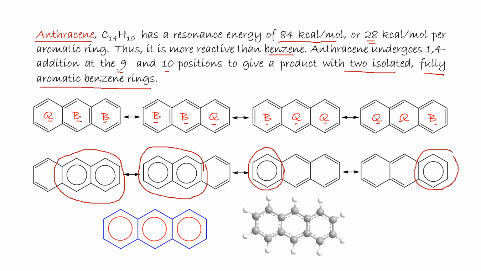So according to drawing resonance structures, yes, we can expect that it is less stable than benzene, but still we draw it on this structure in the text, and you can see clearly when you draw it with the programs nowadays, they show you a complete resonance delocalization of electrons in the fused 3 rings.